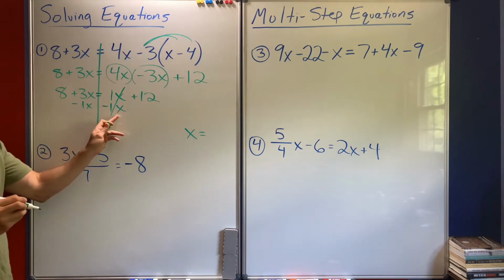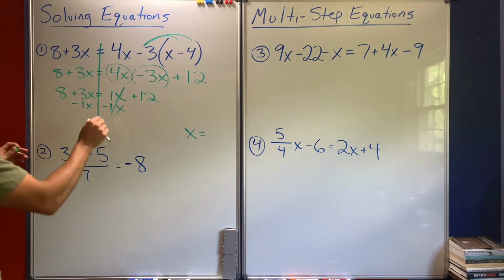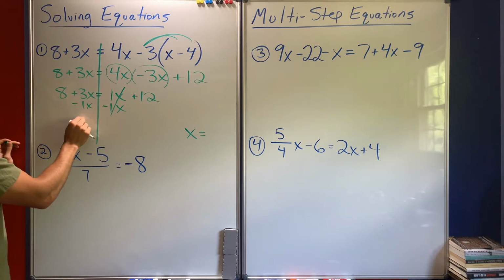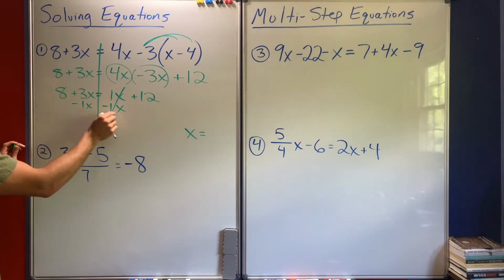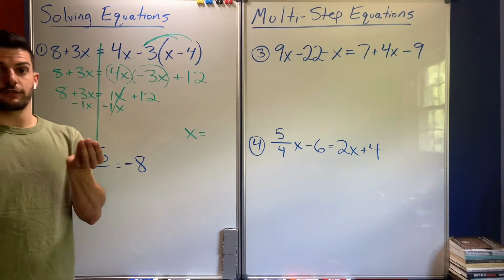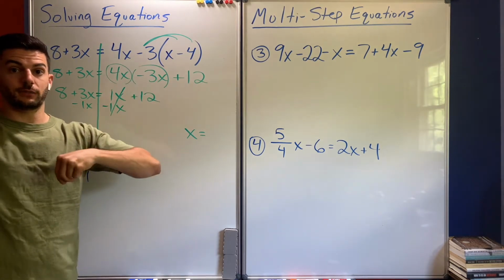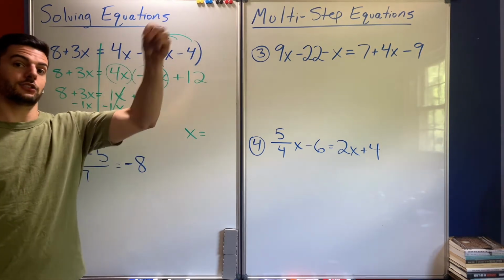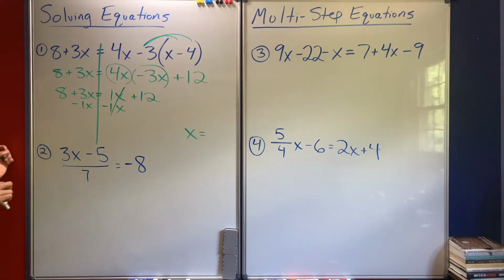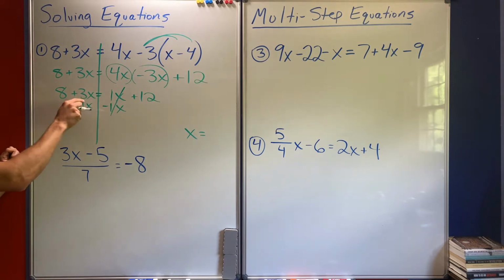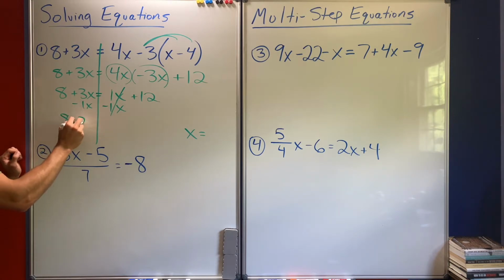Okay. But again, when I cancel something, I have to do it once to each side of the equal sign. Okay, one on each side of the equal sign. Again, that's all about that visual of it's a scale. There's some on this side, some on this side. So if you take something from one side to keep it in balance, you have to take from the other side too. Okay, so I combine those and I get 8. And then right here, 3x minus 1x is positive 2x.